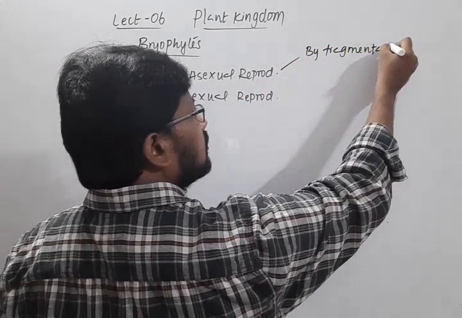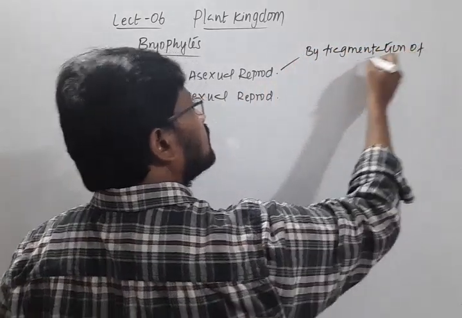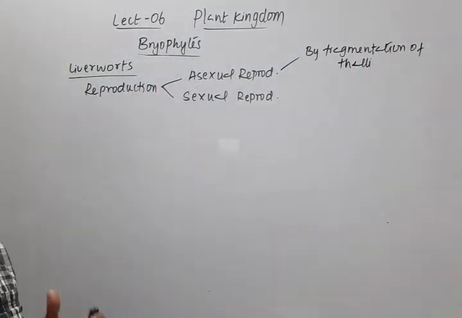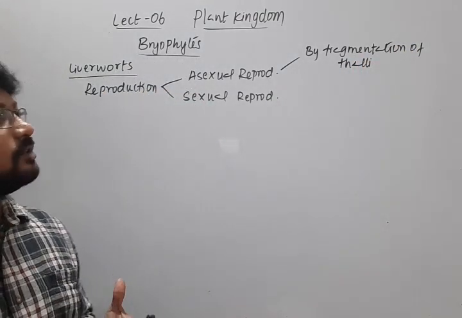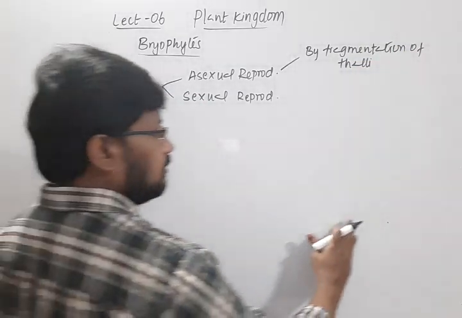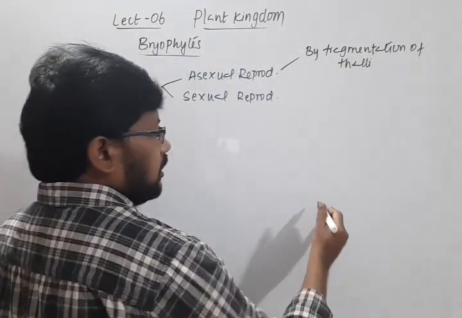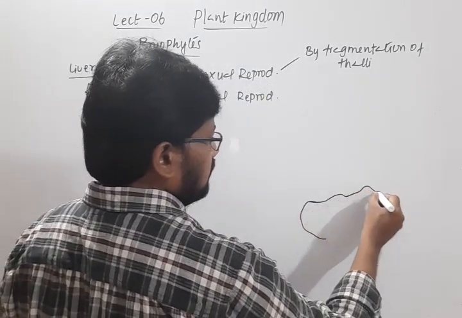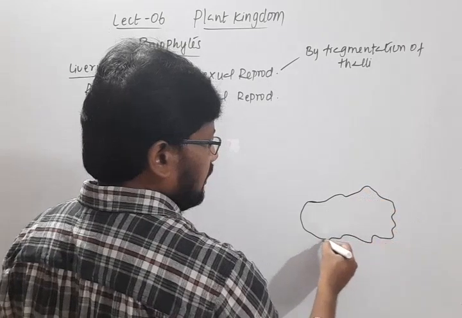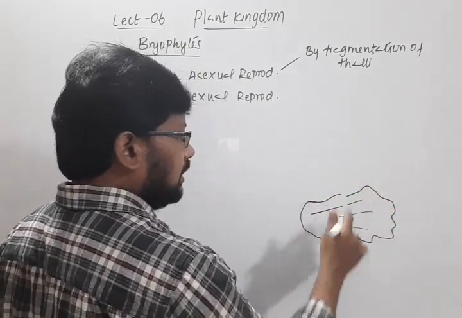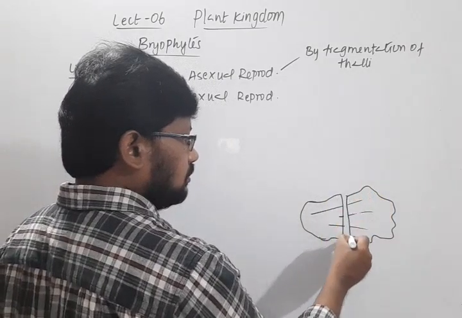It is by fragmentation of thalli. Thalli is the plural, thallus singular. So fragmentation of a thallus can result in the formation of new thalli. Here we can take a thallus, and accidentally it splits into two.